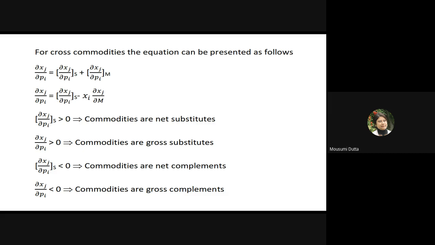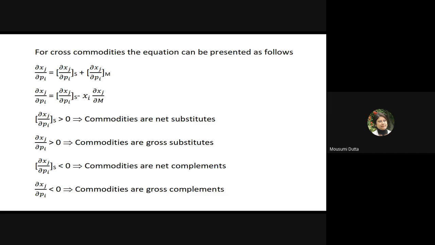As the price of x2 is falling, the quantity demanded for x1 is also falling. For that matter, the derivative is positive. Both the numerator and denominator are falling, and for that matter, the derivative gets a positive sign.